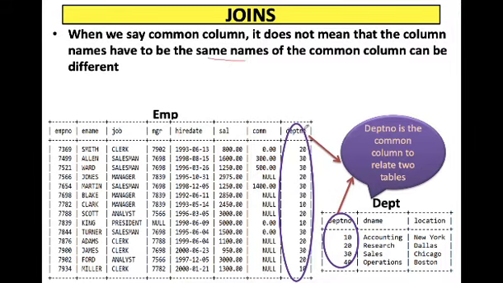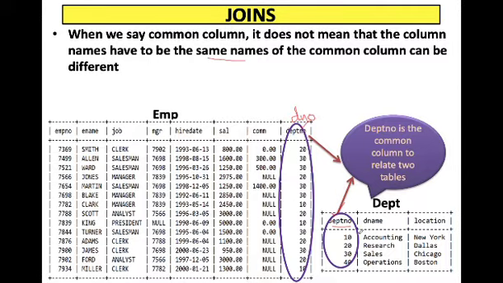It is not necessary that if in emp table it is department number, then in dept table it is department number only. It can be different. If we have kept the name dept number here, we can keep the name D number here. The common column can have different names.